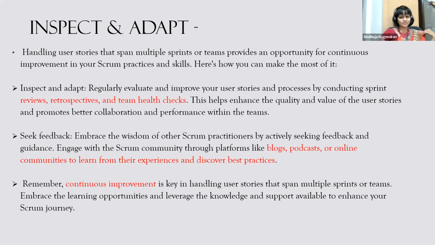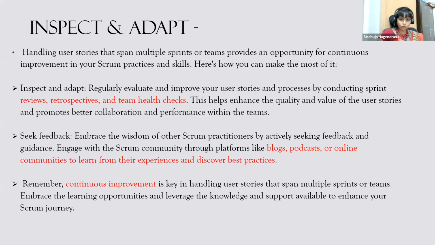We as a scrum master or as an agile team should always broaden our skill set and the niche where we want to reach, like going through many platforms, blogs, podcasts, or online communities to learn from their experiences and discover best practices. And remember, continuous improvement is key in handling user stories.